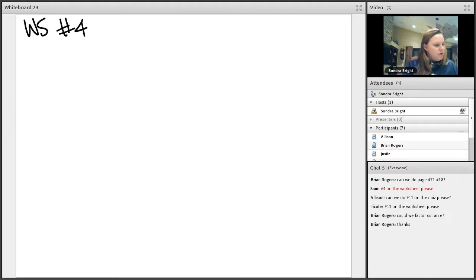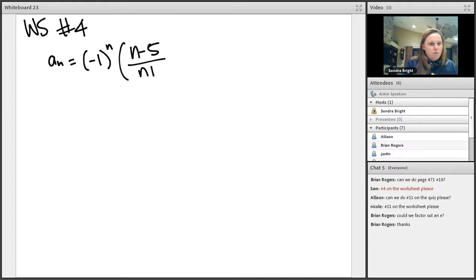It wants to know if the limit converges or diverges. So here's what I know. This negative 1 to the nth power makes it alternate in sign, right?